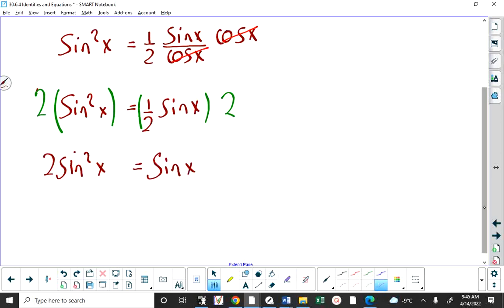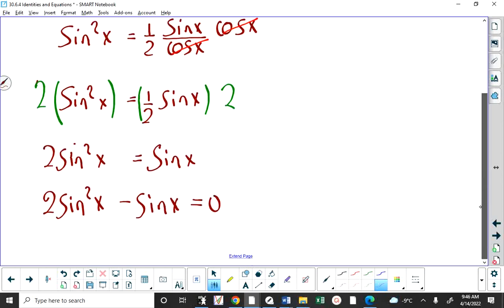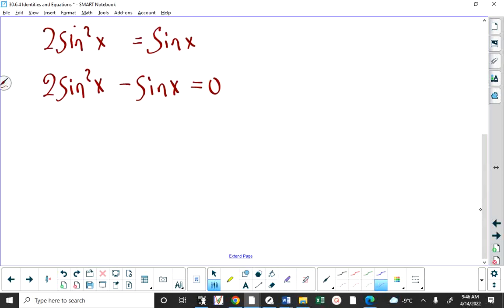I'm multiplying both sides by 2. I almost wrote 1/2 sine of x, but the half is gone. That's why I'm multiplying by 2. I can subtract it now. Because it's quadratic, I need to zero the equation. Now I can factor out a common factor of sine of x.